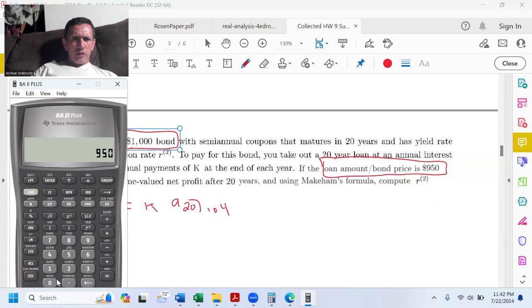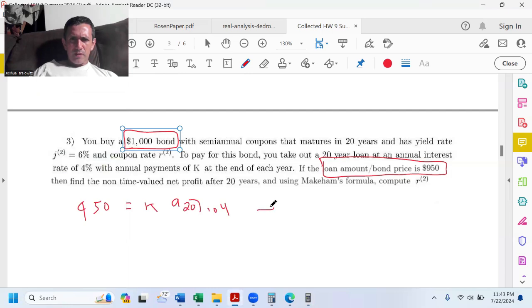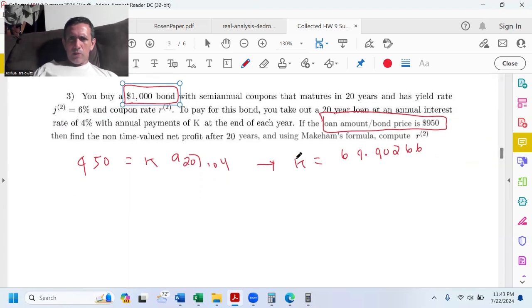So not much here. 950 present value, 20 N for interest. Yeah, sorry. 69,902.66. All right, so that's the loan amount.